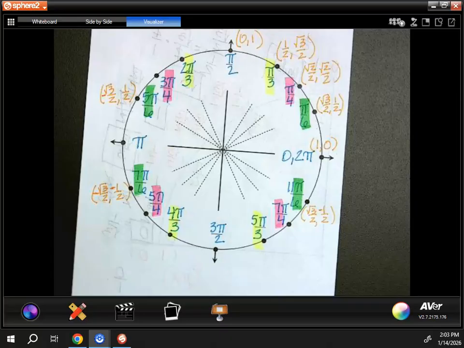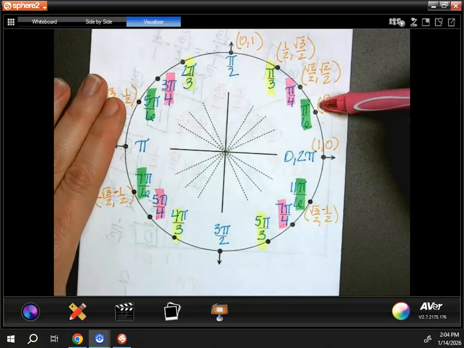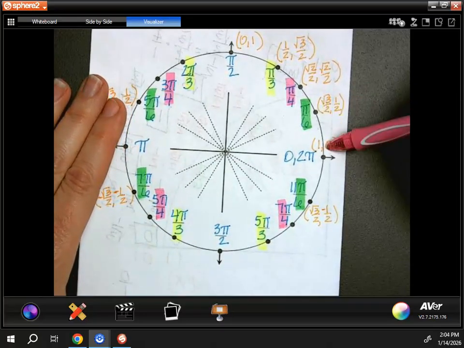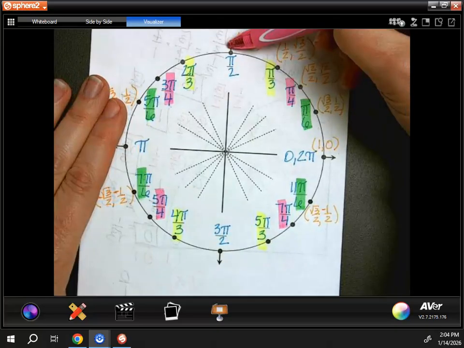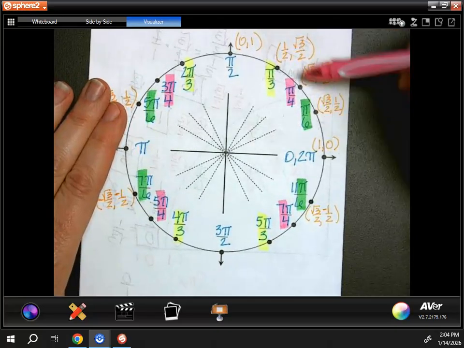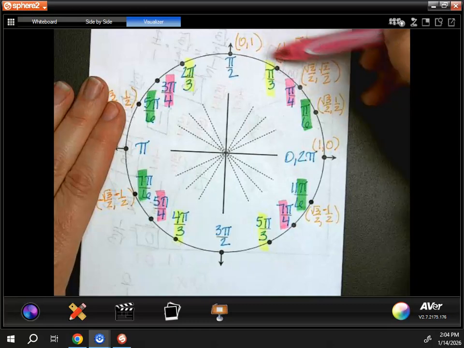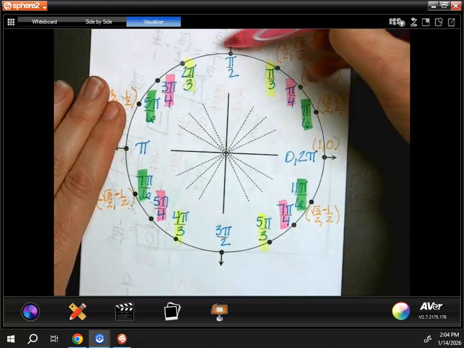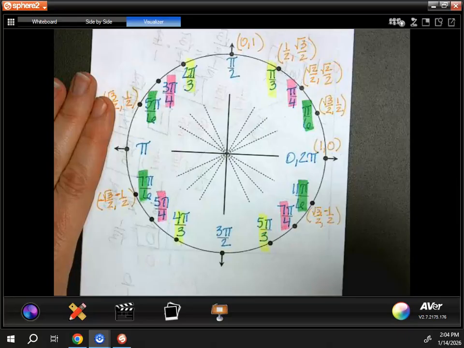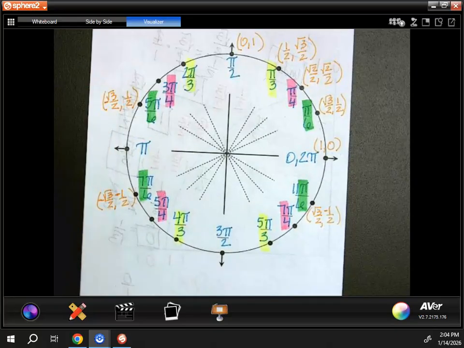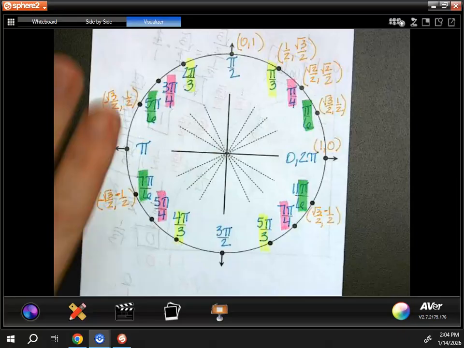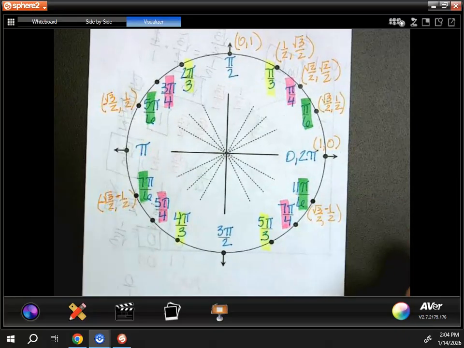They're just disguised as other ones. Same thing with π/6. Okay, remember that's 30, right? So if I'm here, this is 30, 60, 90, right? So π/6, 2π/6, which is π/3, 3π/6, which is π/2, 4π/6, and so forth and so on. So they're really there, but you don't want to have to count that way. If you count from the horizontal, it makes it a whole lot easier. Okay, but I just thought that might clear something up for some people, hopefully.